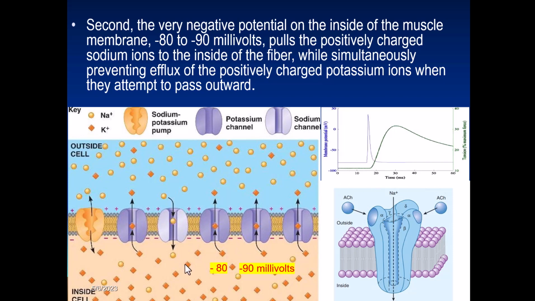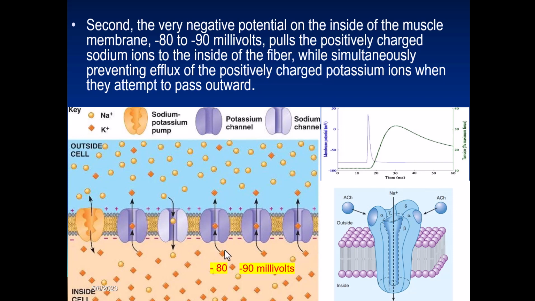Because the potassium wants to maintain this negativity, due to this delay, the sodium ions enter the muscle cytoplasm earlier than the potassium leaves the inside of the membrane.